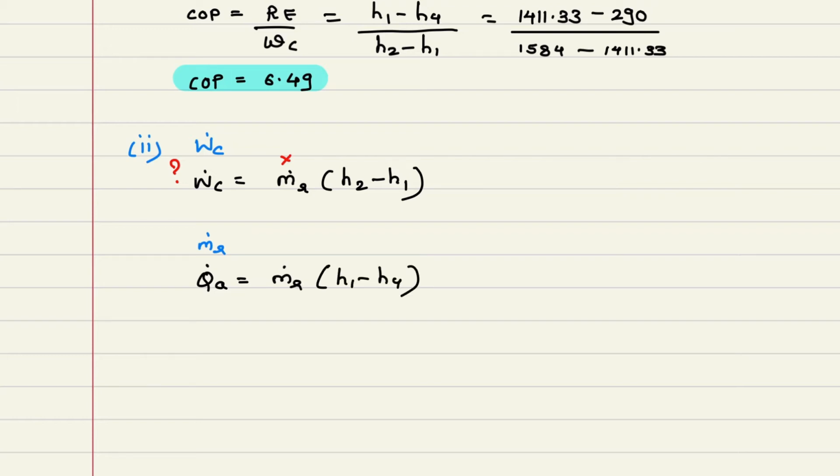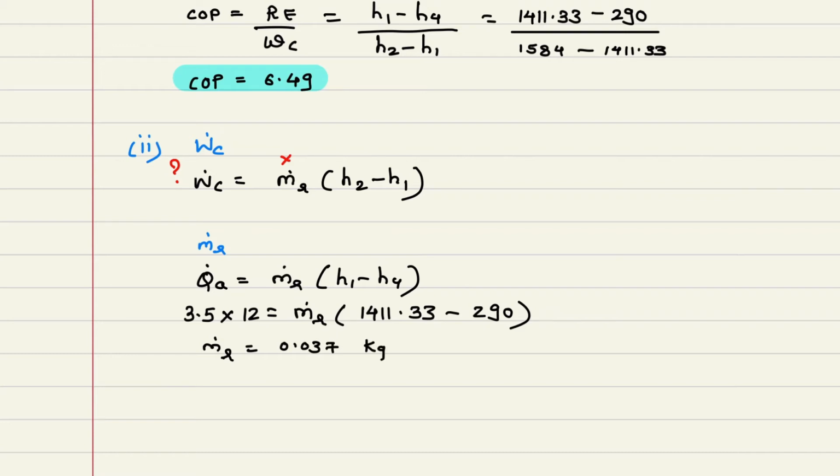Q dot A value is 3.5 into capacity 12, equal to m dot R into H1 1411.33 minus H4 290. From here we can calculate m dot R, which is equal to 0.037 kg per second.